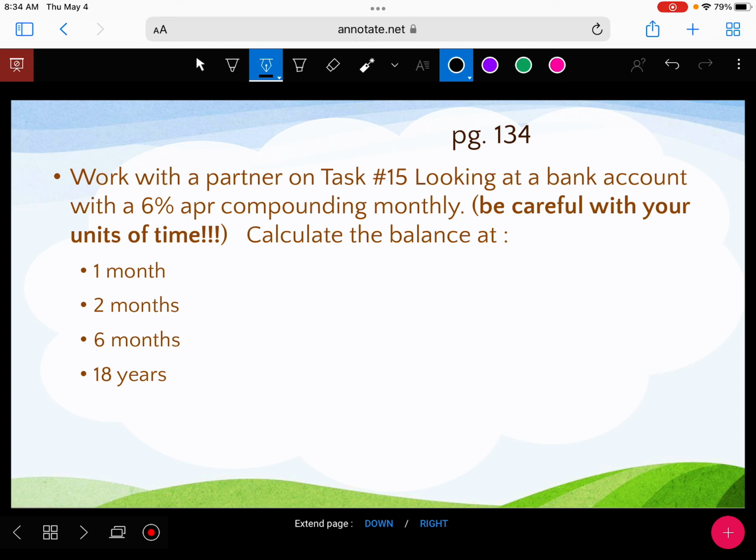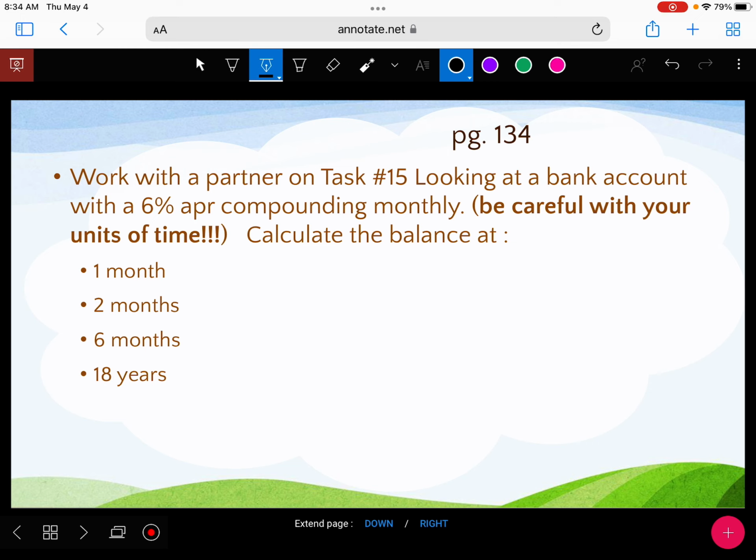All right, so this one's kind of a tricksy one. So let's figure out what our balance was at 1 month. So they put $500 in. They have their 6%, which was being compounded monthly, not 6% per month, but 6% per year, compounded monthly.